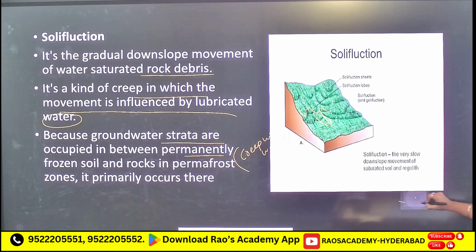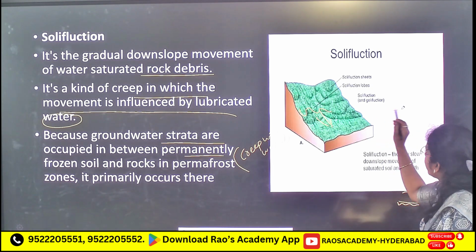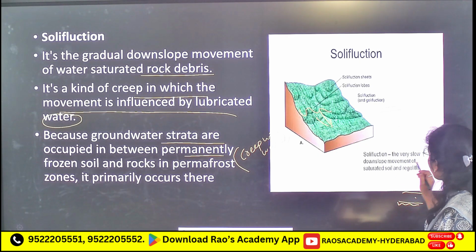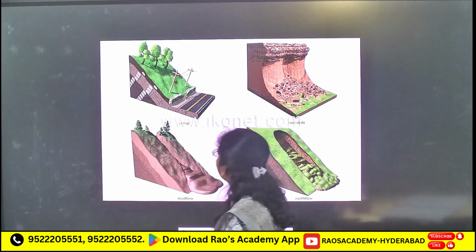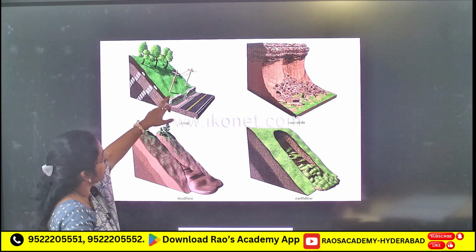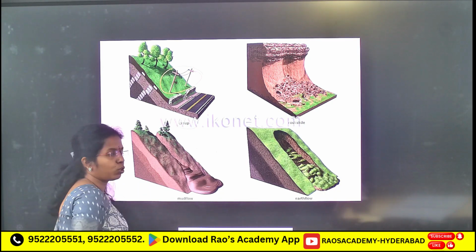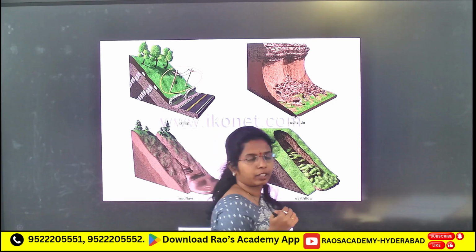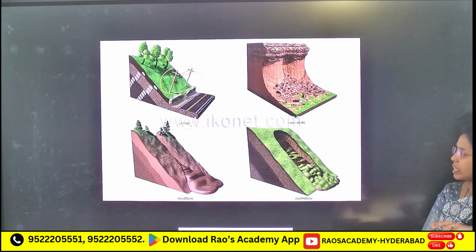The groundwater is stuck between the permanently frozen soil, and this water acts as a lubricant, and you will see slow creep, slow movement. The very slow downslope movement of saturated soil, regolith or rock. See, creep means you don't find any movement at first observation, but over a period of time you will see the creep effect.